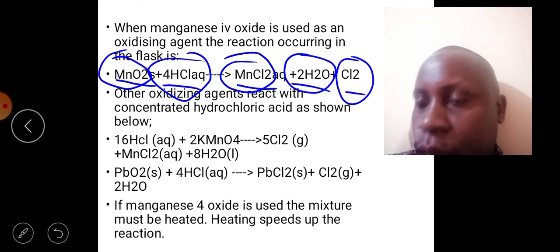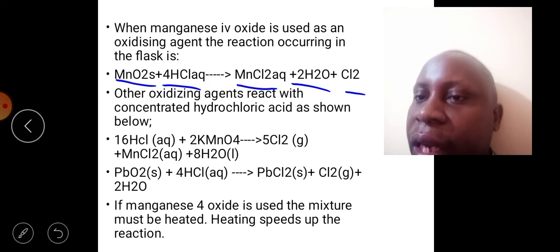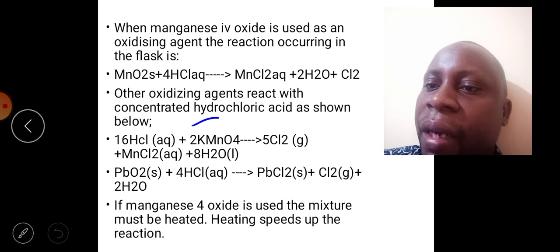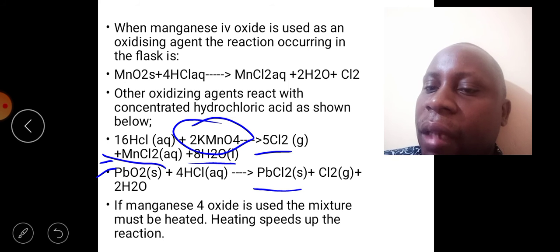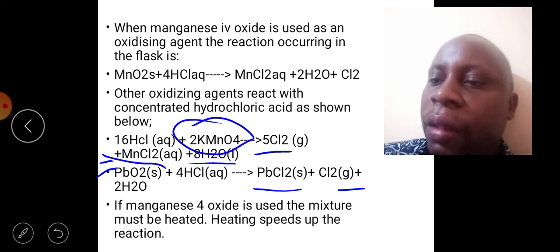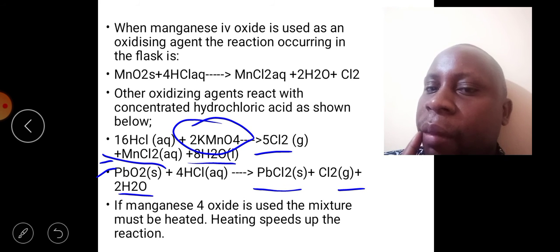So when other oxidizing agents are used, the reactions are as follows. When we are using potassium permanganate, it will form chlorine gas, manganese 2 chloride and water. When we are using lead 4 oxide, it will form lead 2 chloride, chlorine and water. I think you're able to note the names of these oxidizing agents.